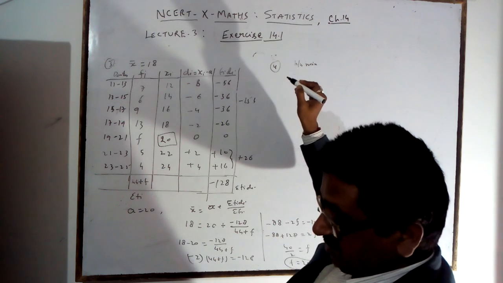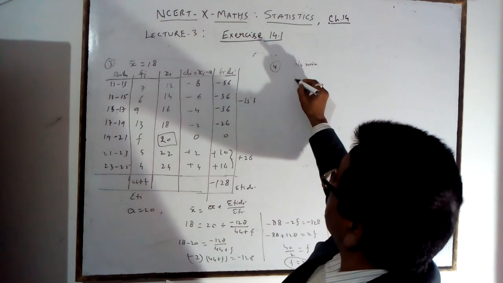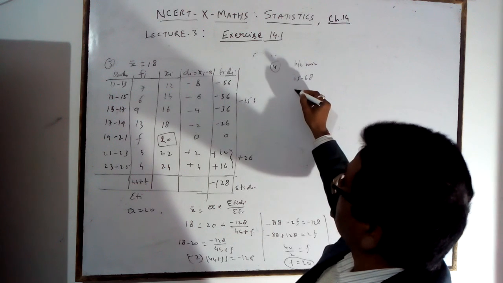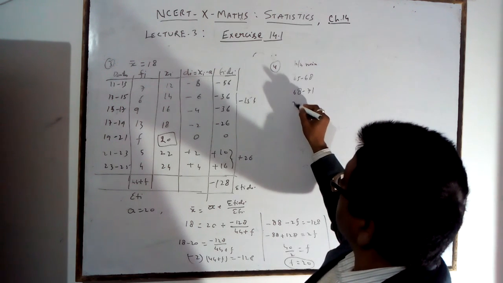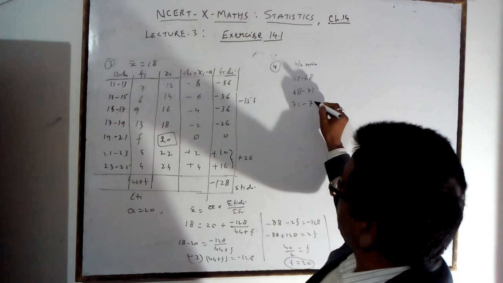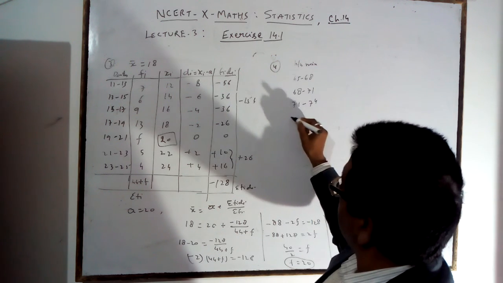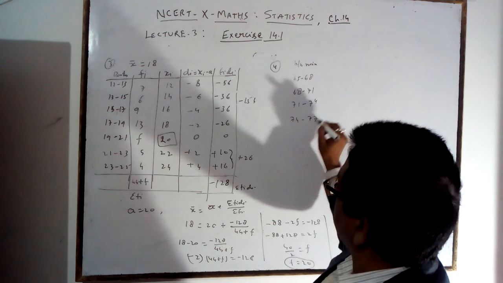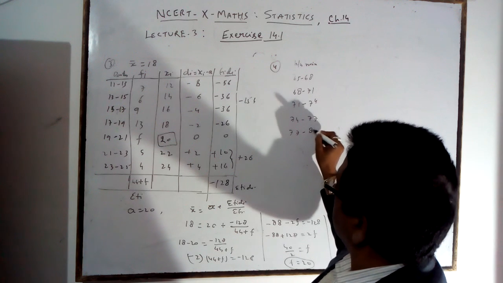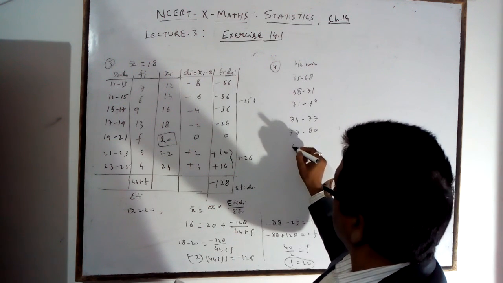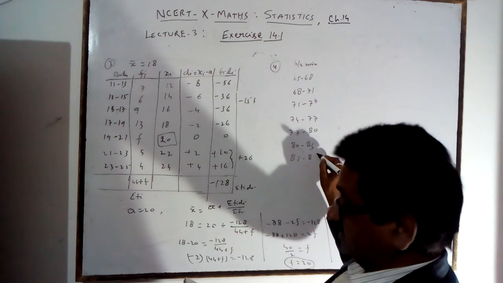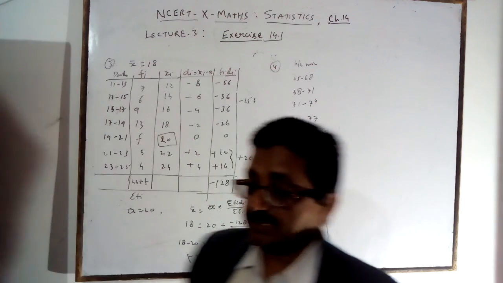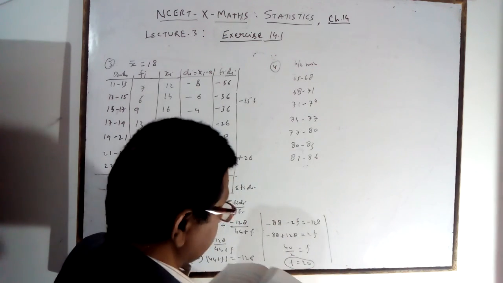Given how much? 65 to 68, 68 to 71, 71 to 74, 74 to 77, 77 to 80, 80 to 83, 83 to 86. Class size is given 3.